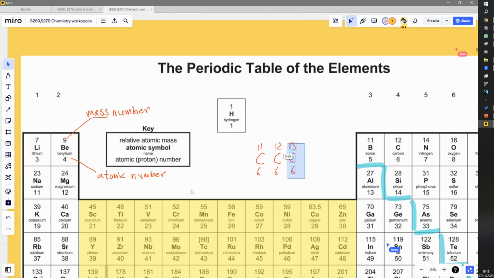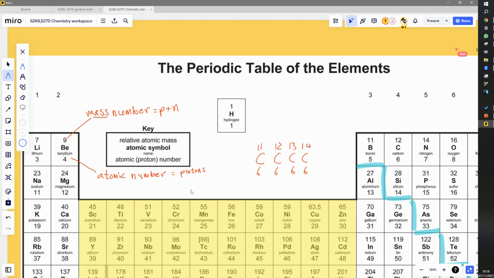And so basically the atomic number tells you the number of protons. So all carbon atoms have 6 protons. If they didn't have 6 protons, they would not be carbon. The mass number is the protons and the neutrons added together.